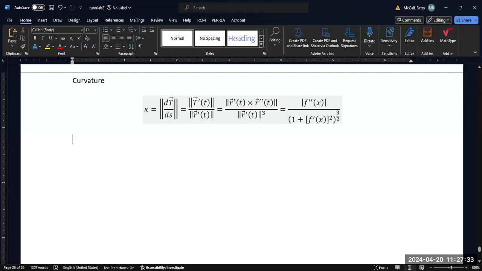That's not too bad, although, again, sometimes finding that unit tangent vector and then doing that derivative again can be a real challenge. So usually I don't use this unless I've already calculated the derivative of the arc length in order to find the derivative of the tangent vector in order to find, let's say, the normal vector. Because that's the other time that you need that derivative of the unit tangent vector.